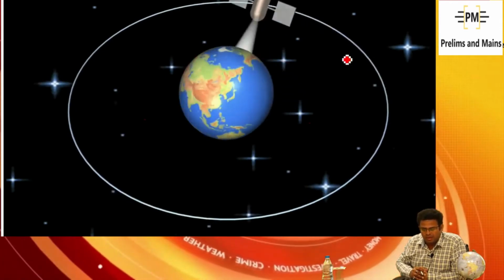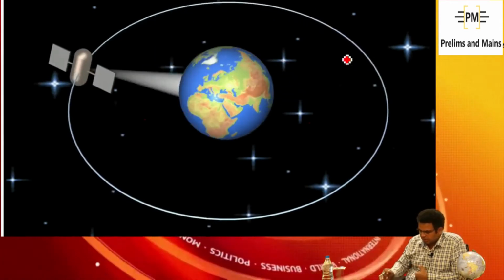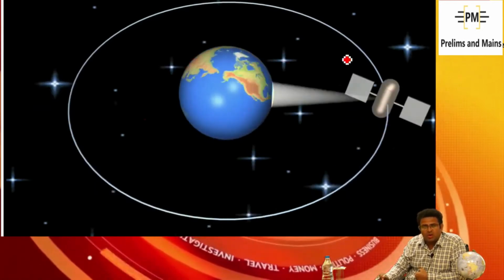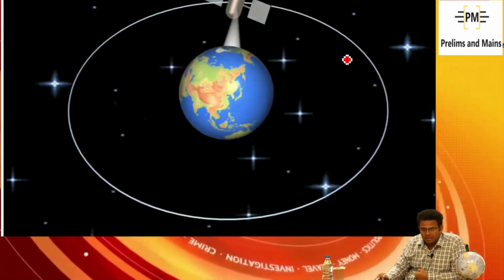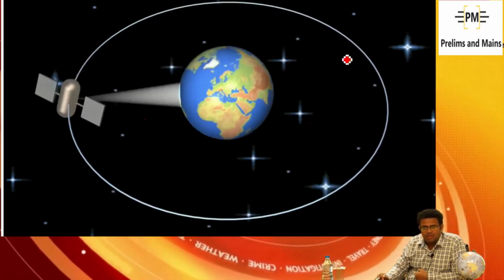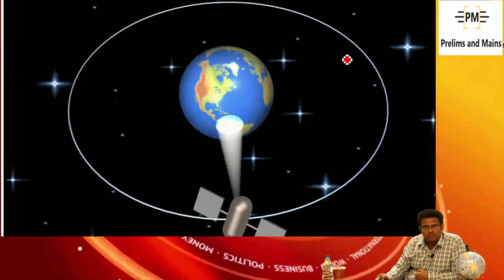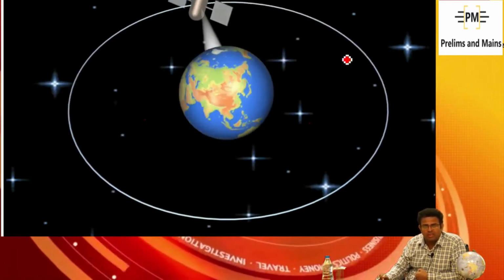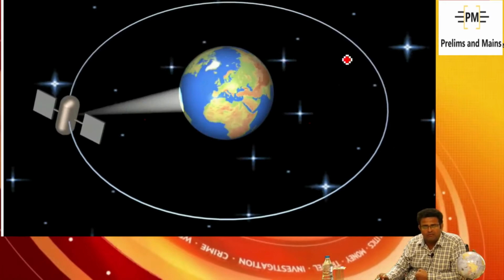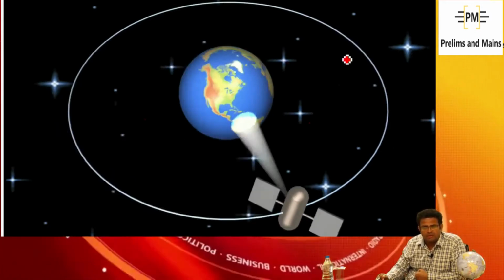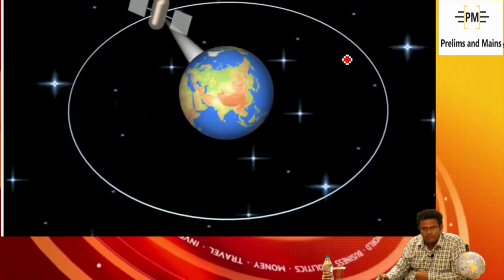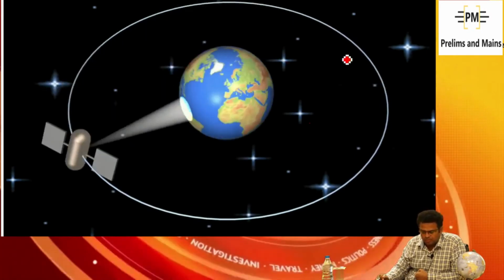So what is GEO? That satellite is synchronized with the Earth's position, and with respect to the Earth it looks fixed, it is never changing. If anybody is on the Earth, they will always find it at the same position.